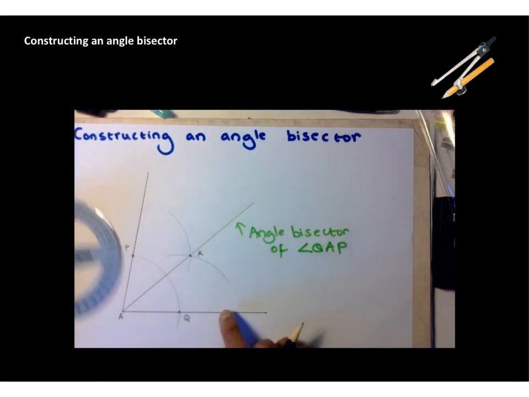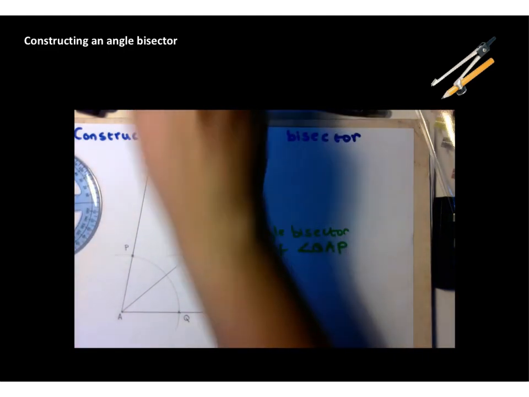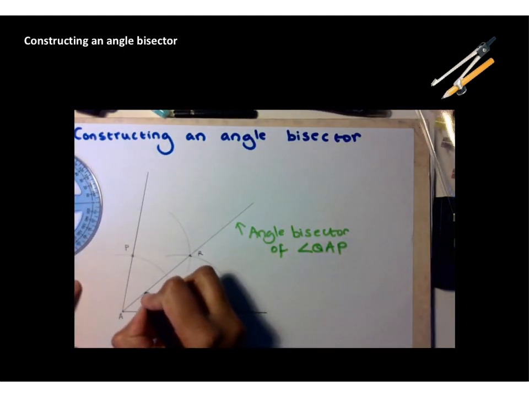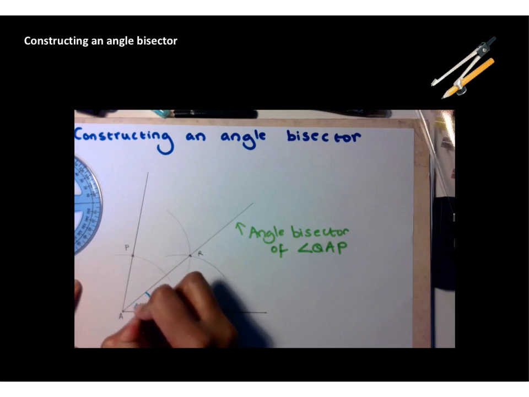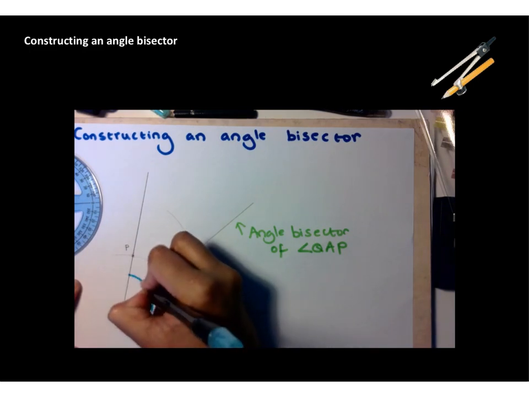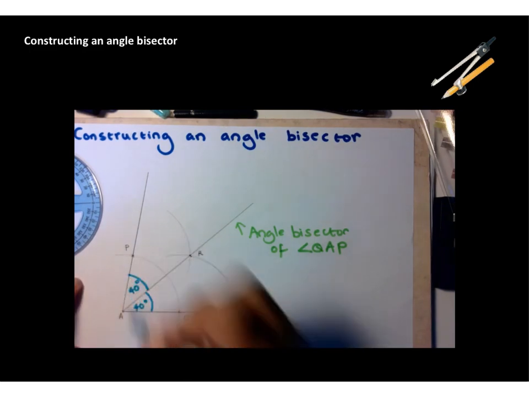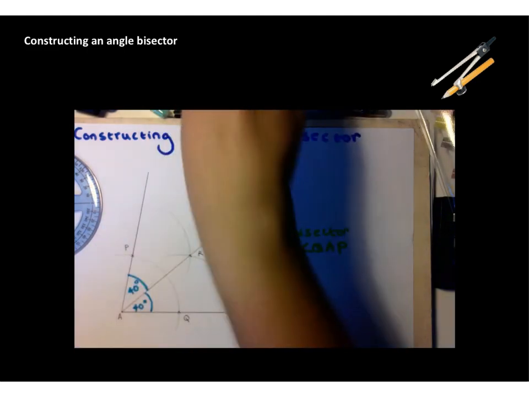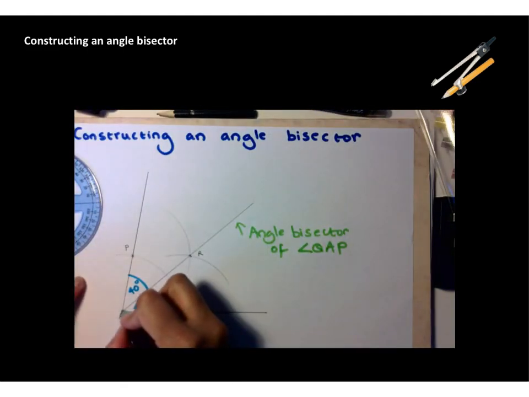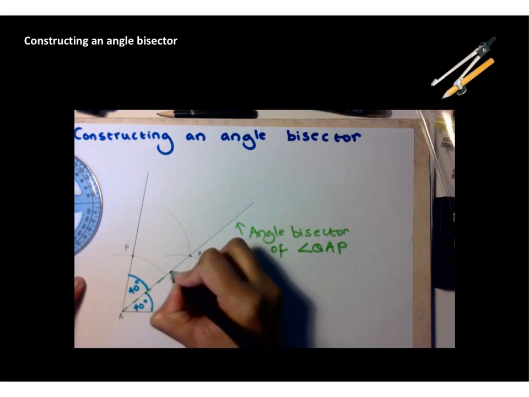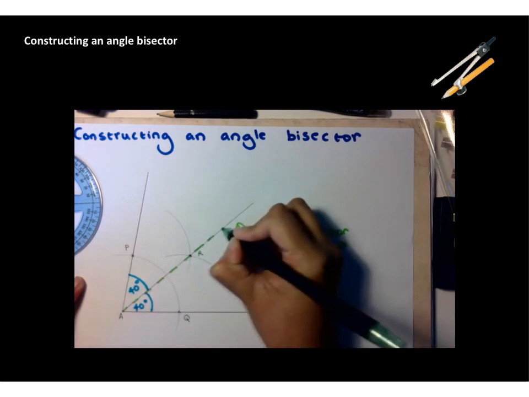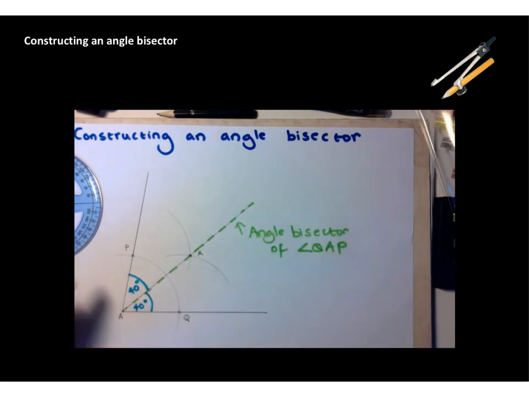So RAP is also 40 degrees. So that angle there is 40 degrees, and this angle here is also 40 degrees. And our angle bisector cuts across like that, splitting the angle into two equal sized angles.